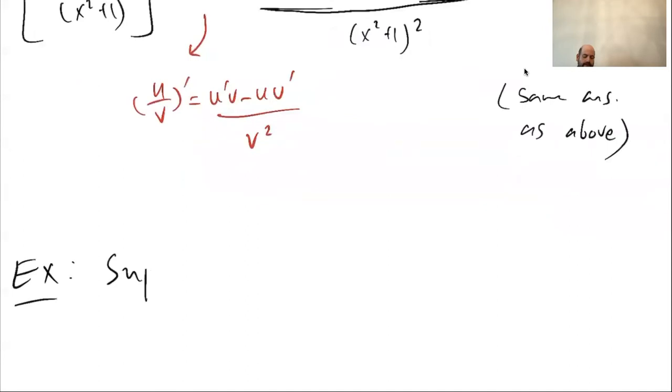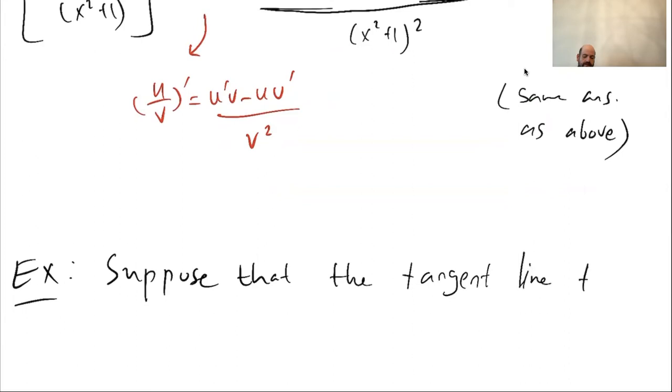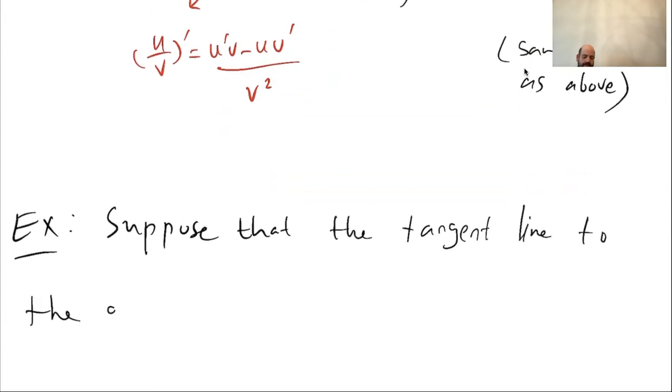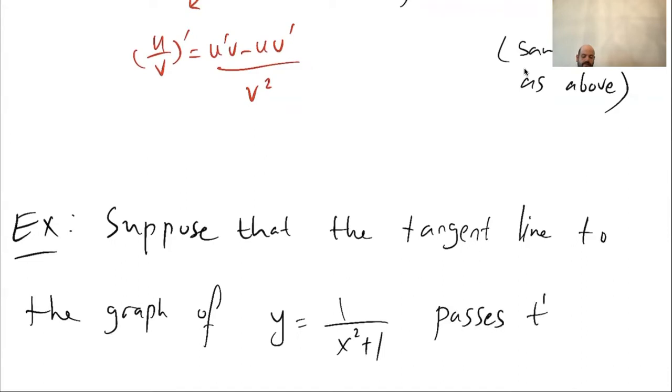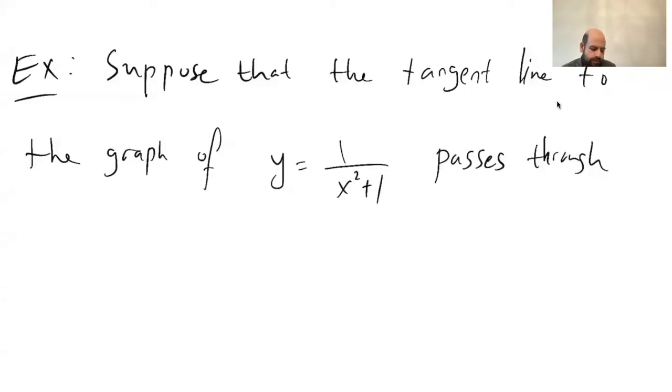Suppose that the tangent line to the graph of y equals 1 over x squared plus 1 passes through the point 2 and 0. Find the equation of this tangent line.